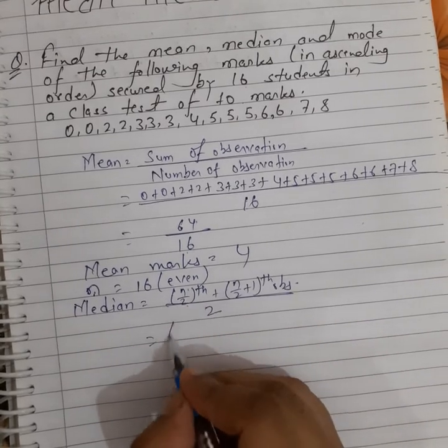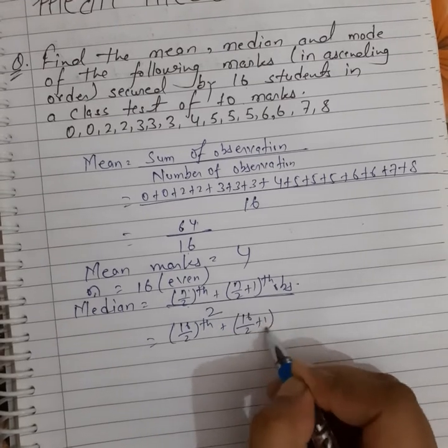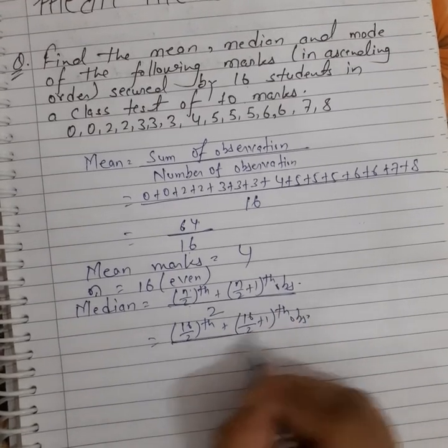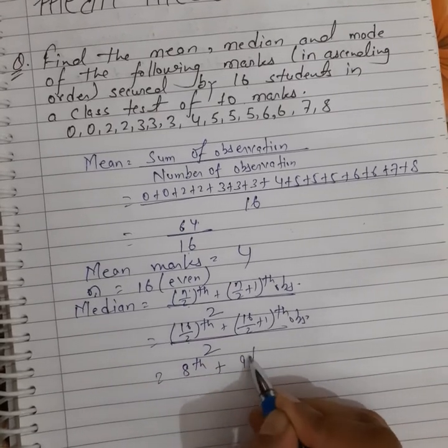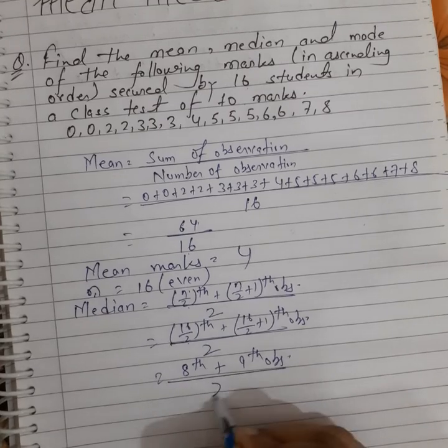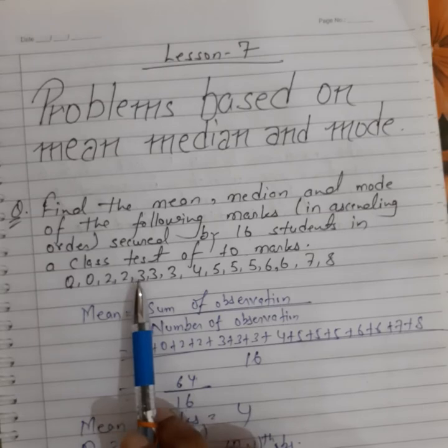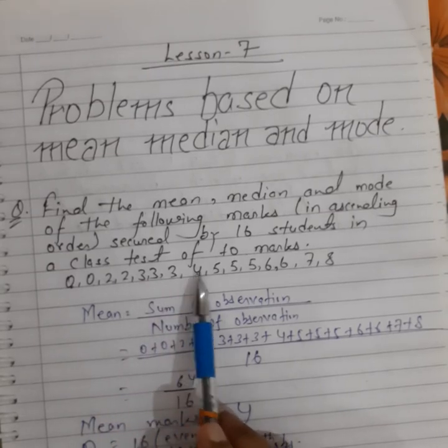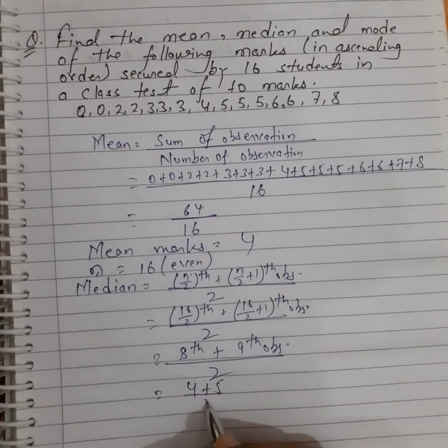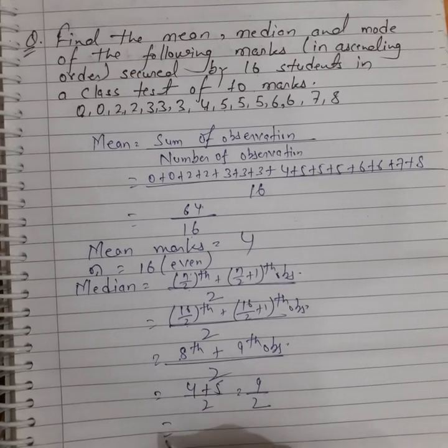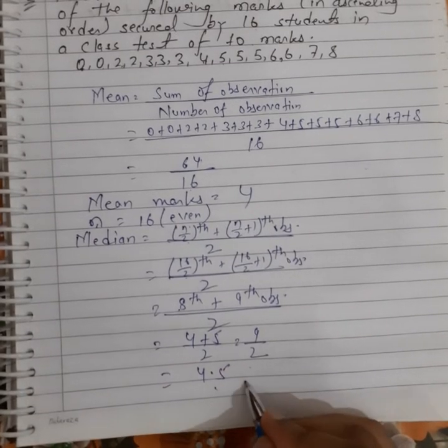That is 16 by 2th plus 16 by 2 plus 1th observation by 2. 16 by 2 we get 8th plus 9th observation by 2. Which one is the 8th observation? 1, 2, 3, 4, 5, 6, 7, 8. The 8th and 9th, it means 4 plus 5 by 2, that is 9 by 2, and it becomes 4.5. So median marks is 4.5.